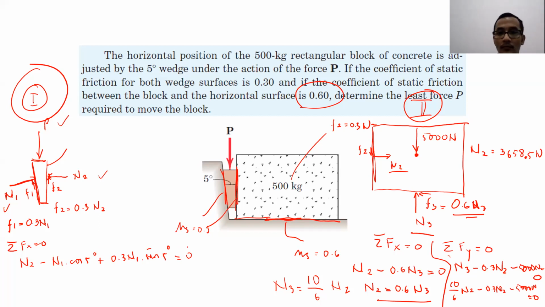Using this, we can calculate for N1, because N2, we already find the value, 3,658, right?